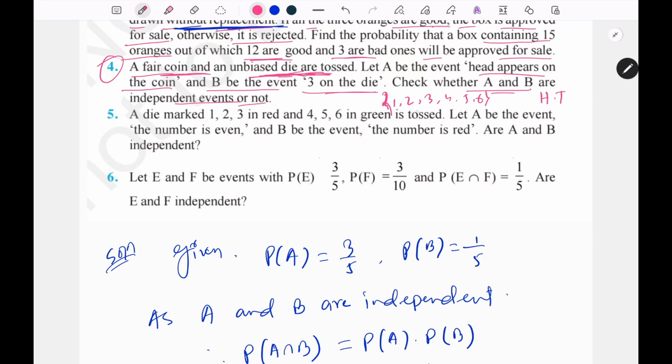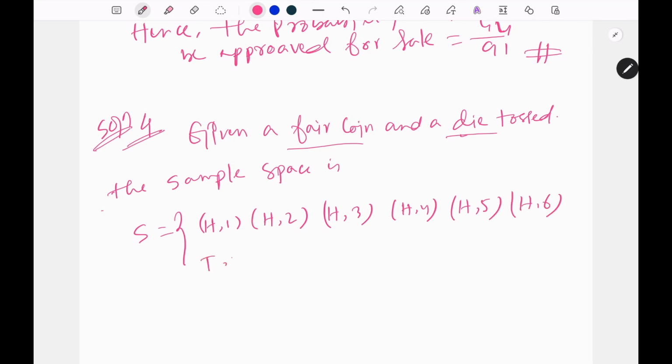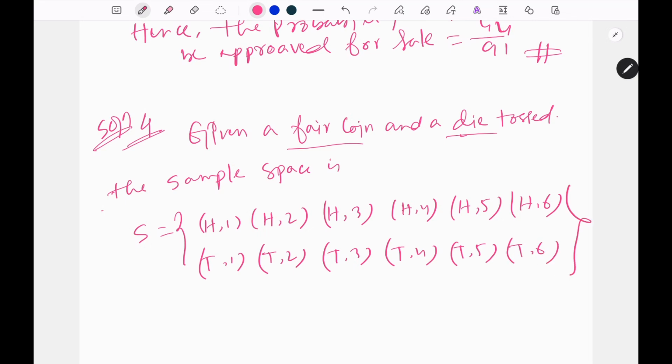So if you toss a coin, head may occur, and along with head 1 can occur, along with head 2 can occur, head 3, head 4, head 5, head 6, or tail 1, tail 2, tail 3, tail 4, tail 5, tail 6. This will be our sample space.